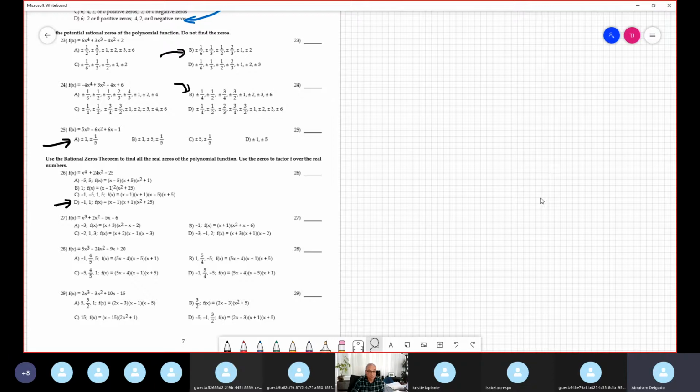Okay, 27, I have no idea. 27 is f of x equals x to the cube power plus 2x squared minus 5x minus 6. In this example, it is impossible, at least for me, to do it by regular factorization. Using the zero factor theorem, P is 6, Q is 1.